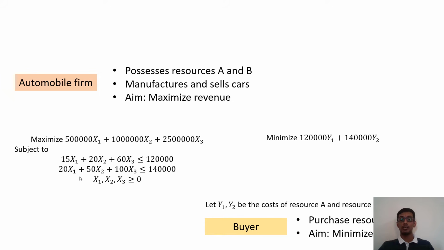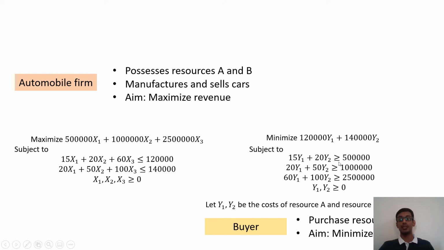So in order for the buyer to incentivize you to sell those resources to him or her, what the buyer needs to do is to set those prices y1 and y2 such that this is greater than the 5 lakh rupees, right? If this 15y1 plus 20y2 was less than 5 lakh rupees, you would very well manufacture and sell those hatchback cars. In order for you to sell those resources to the buyer, this constraint needs to be satisfied.